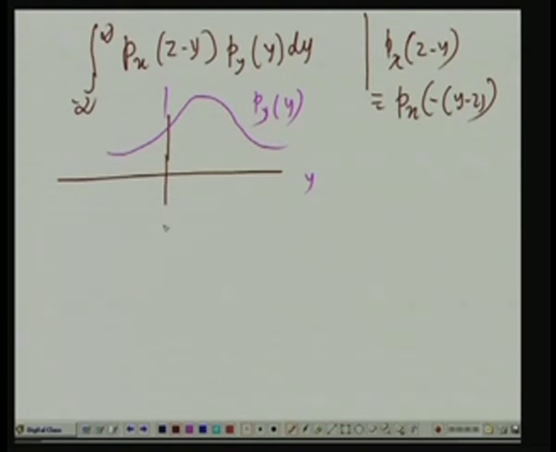So, that means, if P x x is given to be like this, suppose this is P x x or P x may be y, just a function.